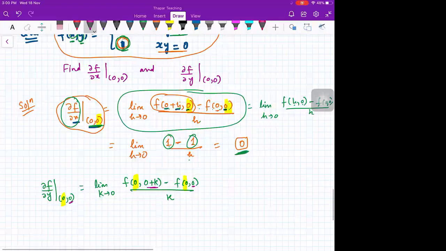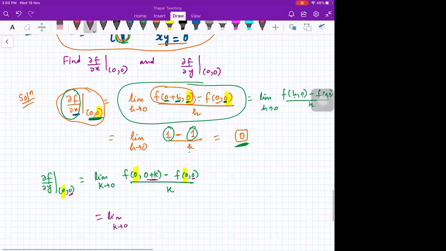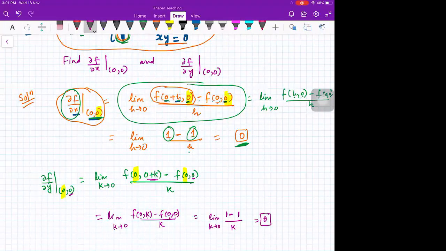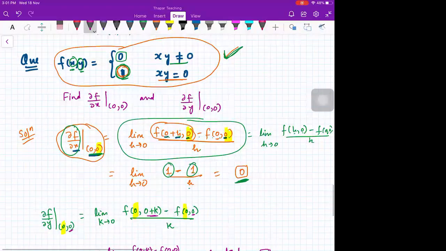So this is equal to limit k going to 0, f of (0, k) minus f of (0, 0) upon k. Now because k into 0 is 0, your value is 1 minus, again 0 into 0 is 0, so value is 1, upon k, limit k going to 0. So this is 0. So the partial derivative with respect to y is also 0. Clear, beta?